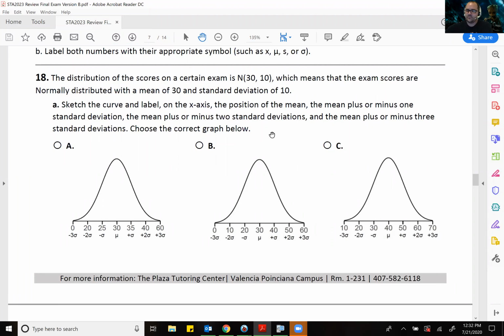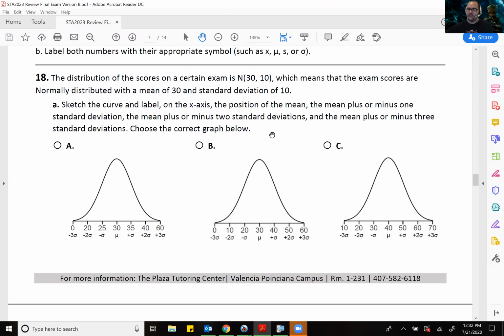So it says sketch the curve and label on the axis the position of the mean plus or minus 1 standard deviation, the mean plus or minus 2 standard deviations, and the mean plus or minus 3 standard deviations. Like what we've done before, they just want you to make the normal picture.